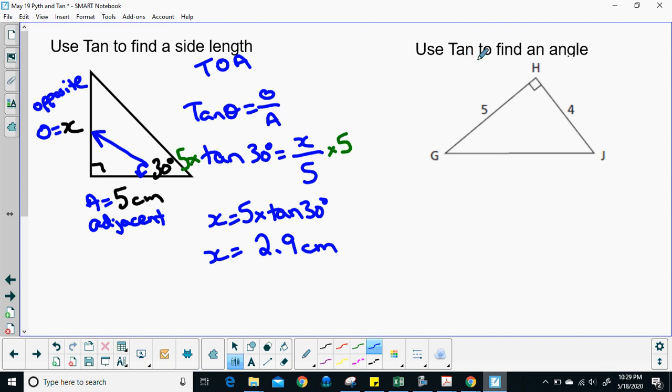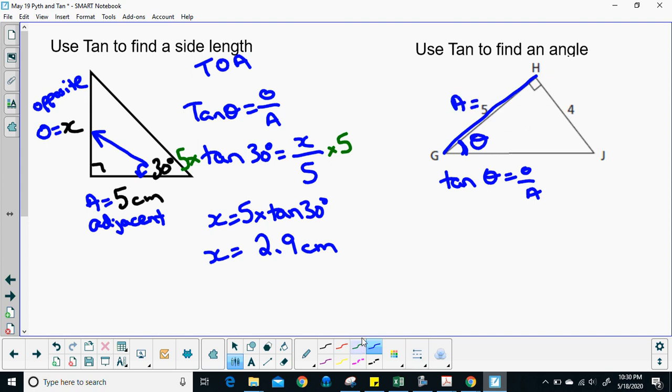Now I can use my tan ratio also to find an angle. So let's make, it doesn't really matter, let's say this one. Let's solve for angle G. Okay, so that's going to be the angle that I'm looking for. I like to use the little theta. You can use the G, I don't care. So I'm going to use tan as opposite over adjacent. I'm going to use that because this side is the small side touching the angle, so that's my adjacent.